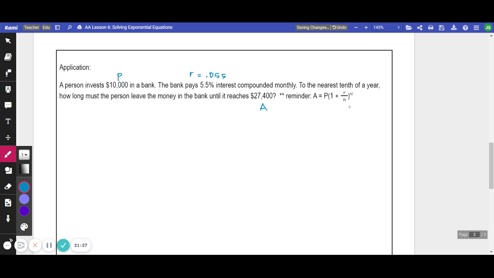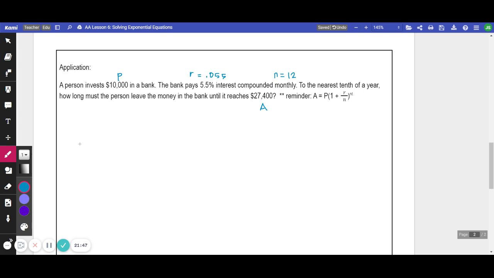And N is the number of times per year they compound your interest. So if they're compounding it monthly, there are 12 months in a year. So N is 12. And T is the number of years. So we are trying to solve for T. We're trying to find the number of years.